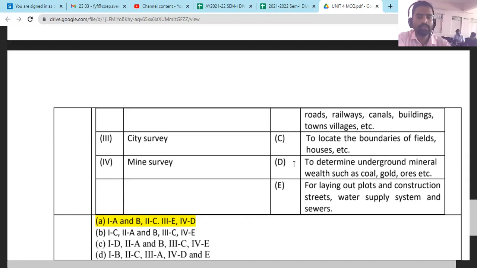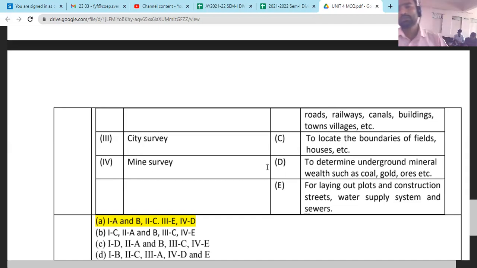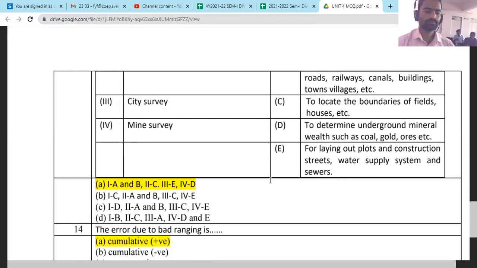So, to determine underground mineral wealth such as coal, gold, ores, etc. All these definitions you should remember. In the exam, he may give any one definition and ask which type of surveying it is.